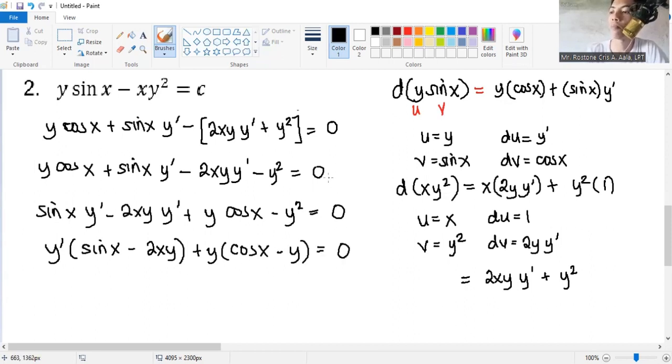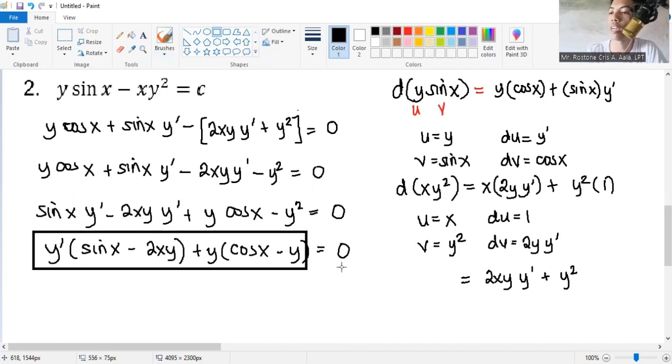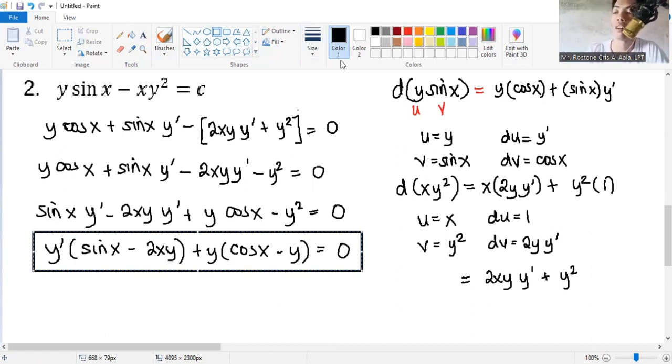So actually, itong answer na to ay pwede na. Okay? Yung answer natin na y prime sin x minus 2xy plus y multiplied by cosine x minus y is equal to 0. That is the differential equation that we are looking for. But pwede pa rin natin itong i-simplify pa by replacing y prime by dy over dx.